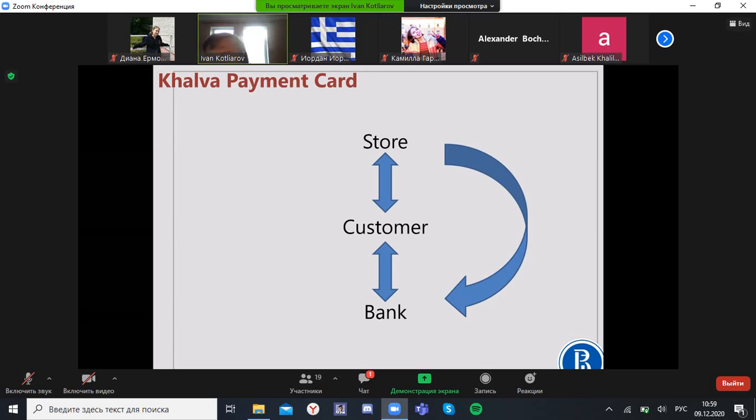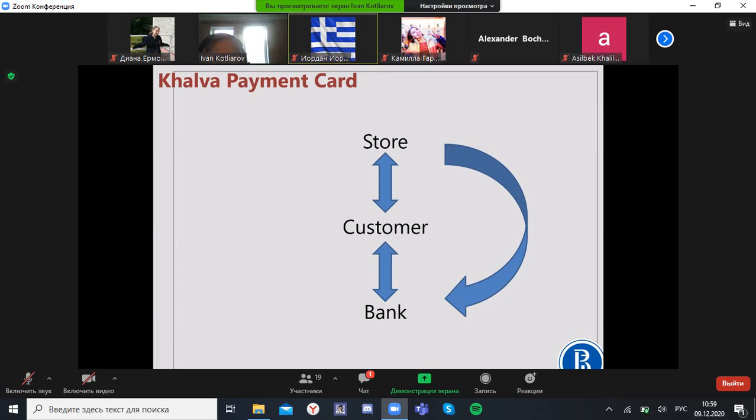But the customer is not eager to pay interests, and the store compensates the bank for the finance which the bank gives to the customers for purchase of these products. So the store gets a profit from selling products, and this profit is shared with the bank. Guys, do you understand this model?